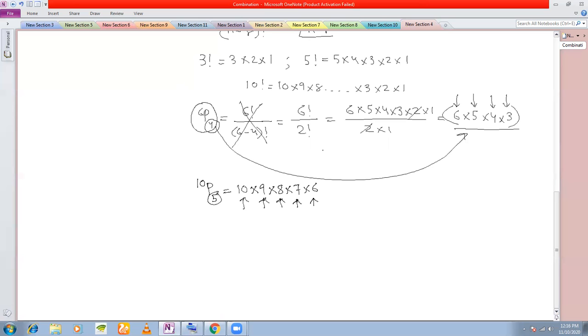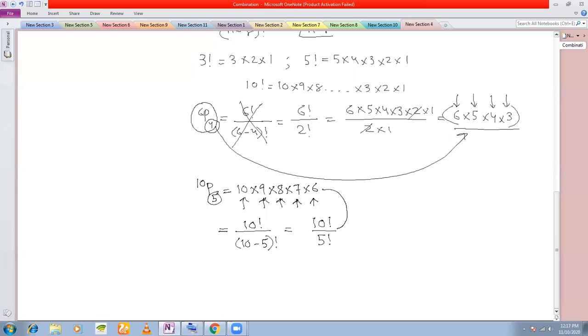This is a shortcut, not instead of the formula. You're actually getting the shortcut from the formula only. You can apply it directly, no problem. Always using the formula will be difficult. From the formula, you'll get factorial 10 by 10 minus 5 factorial, which is factorial 10 by factorial 5.